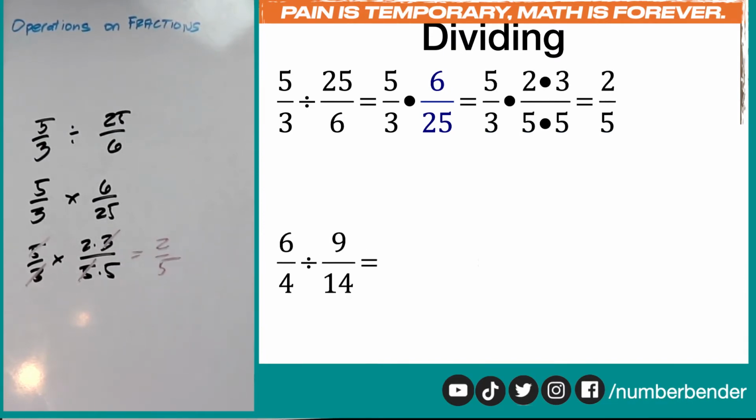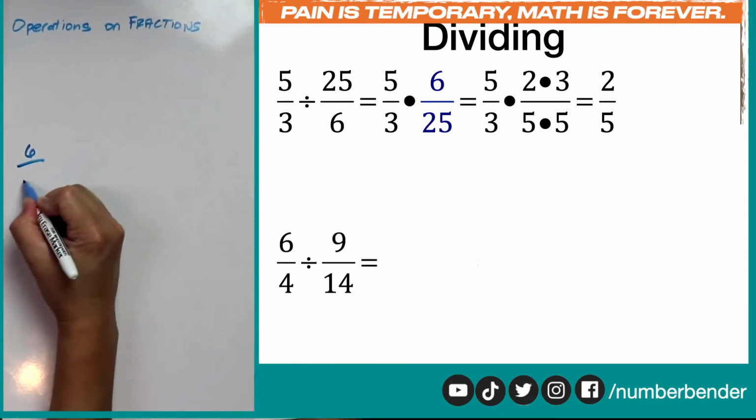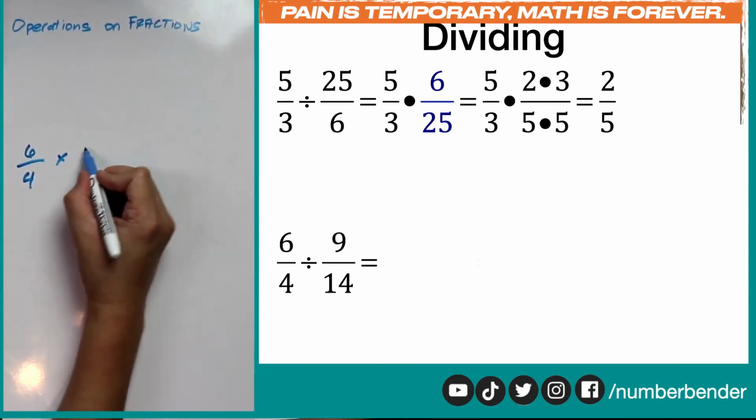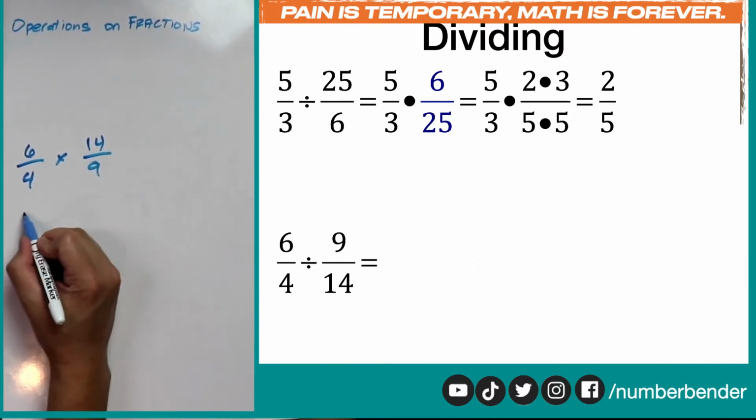So if I have 6 over 4 divided by 9 over 14, I will copy the first fraction multiplied by the reciprocal and then proceed to prime factorization.